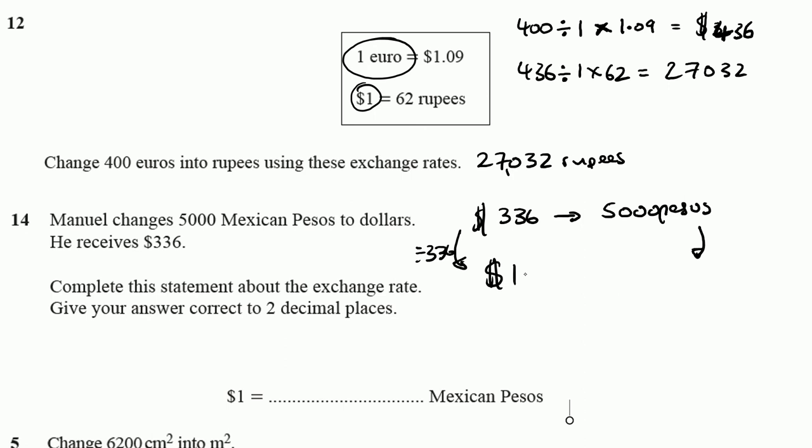And so I've got to do the same thing on the other side as well. So 5,000 divided by 336, that's getting me 14.88 to 2 decimal places. And there's our answer to that question.